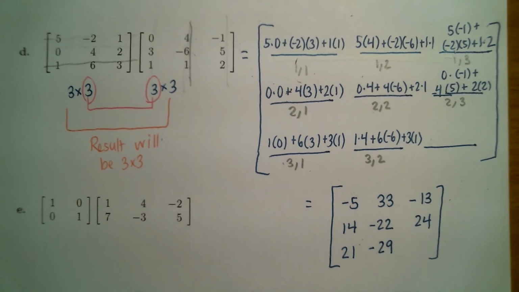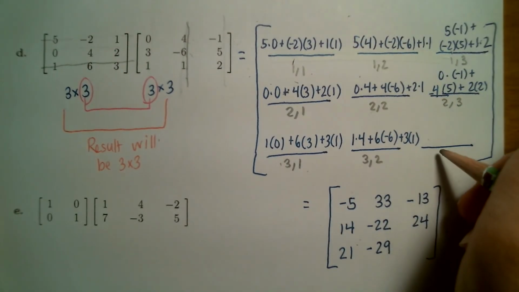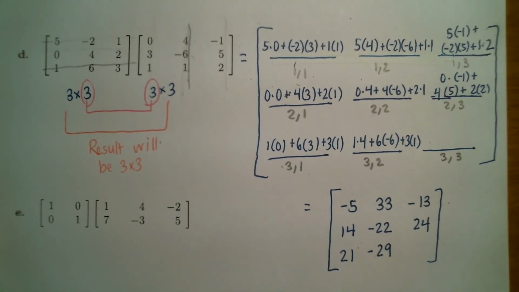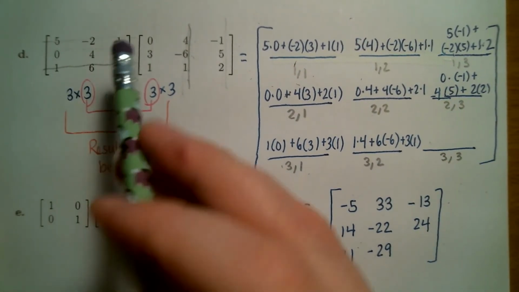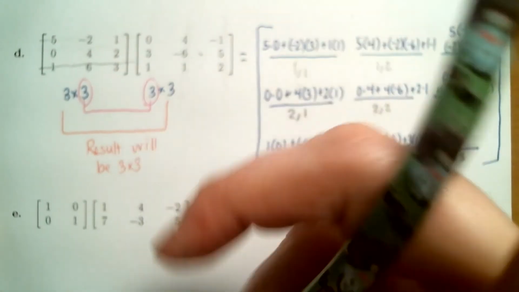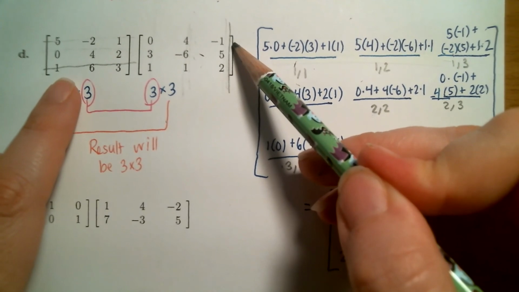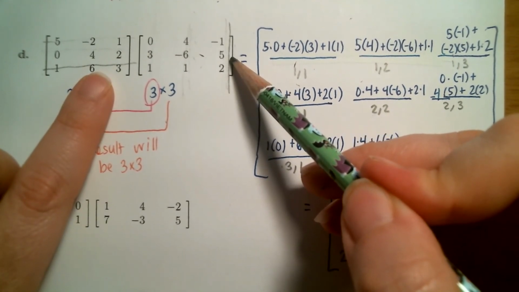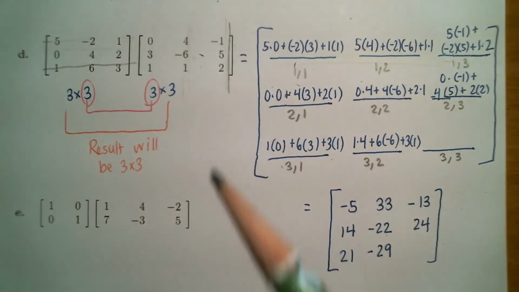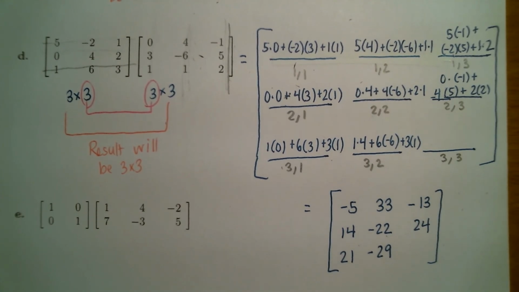So this last one is in the third row, third column. So you're going to do the dot product of the third row, third column. So 1 times negative 1 plus 6 times 5 plus 3 times 2. All right, let's write it down.